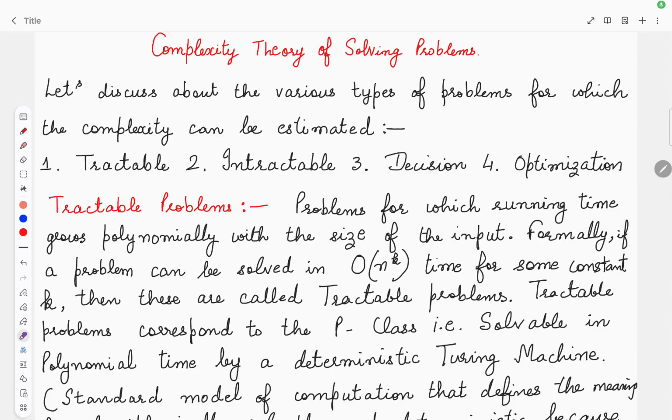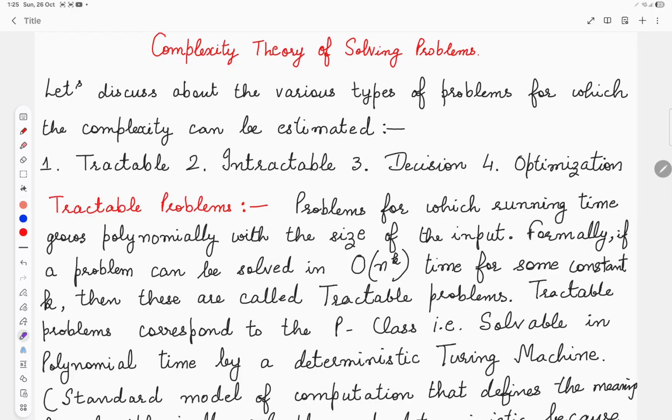Hello everybody. Let us discuss the complexity theory of solving problems. Complexity theory classifies problems by how much time or memory they need as the input size grows.